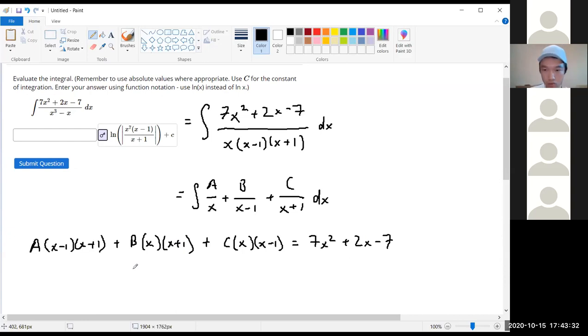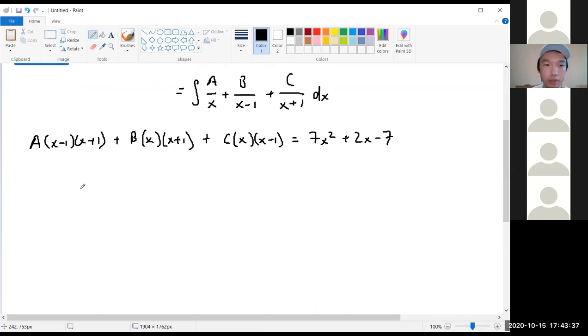Okay, so you want to use convenient values of x, which are the roots, in order to solve for a, b, and c. So do you know what the roots would be here? So they're basically x values that would set one of your factors equal to 0. So for example, you have a factor here, you have a factor here, these are all factors. And then you choose values of x that will make those parentheses go to 0.